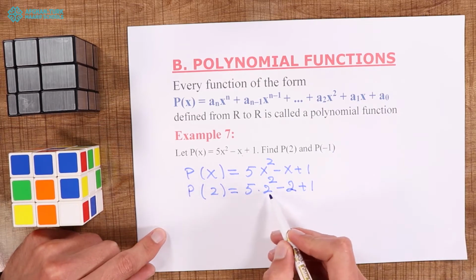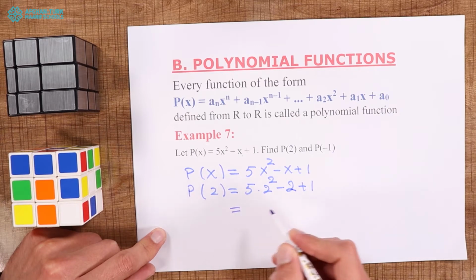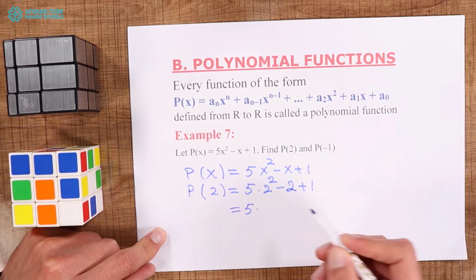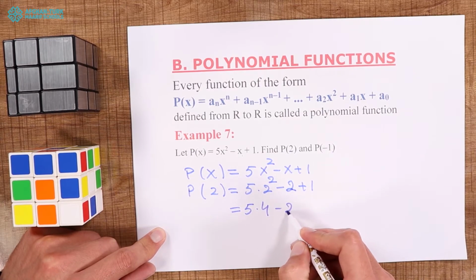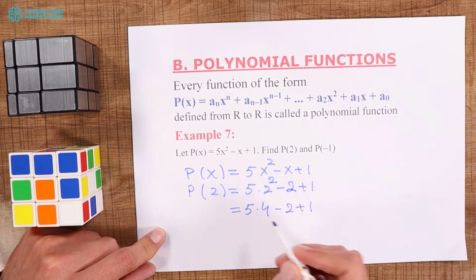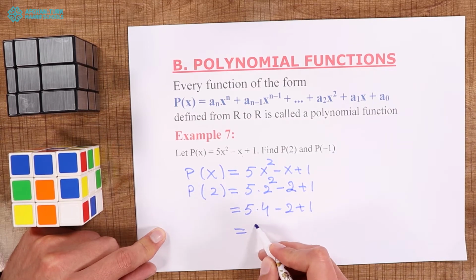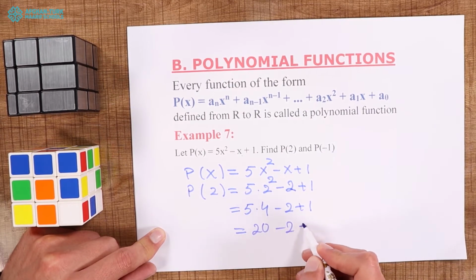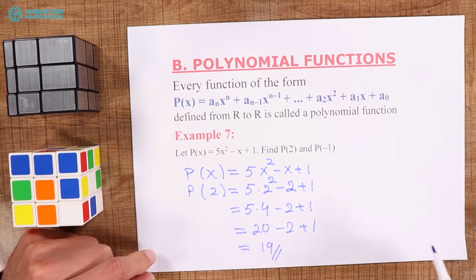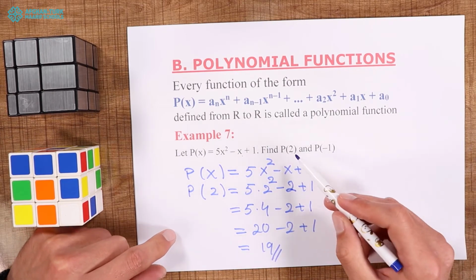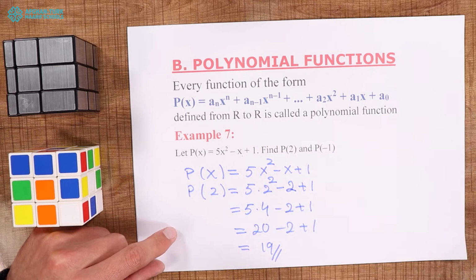Here you must solve the power first, after that the multiplication. 2 to the power of 2 is 4, minus 2 plus 1, and after that 5 times 4 is 20, minus 2 plus 1. 20 minus 2 is 18, 18 plus 1 is 19. So the answer of this polynomial, if we put 2 instead of x, will be 19.